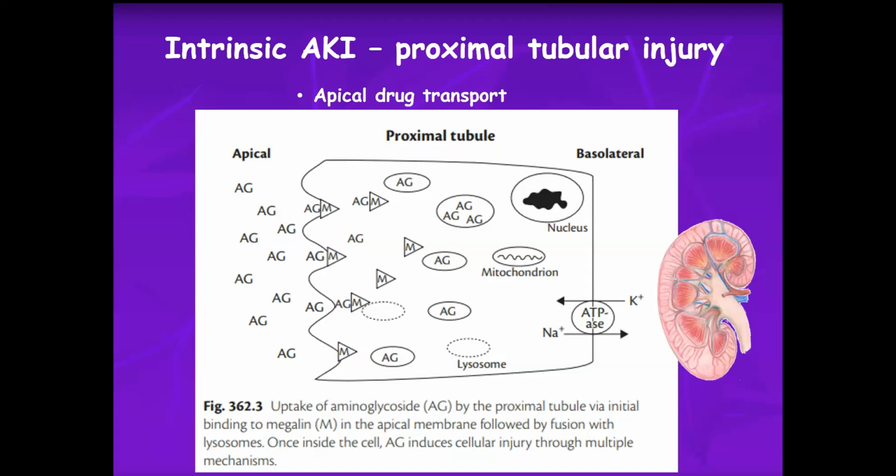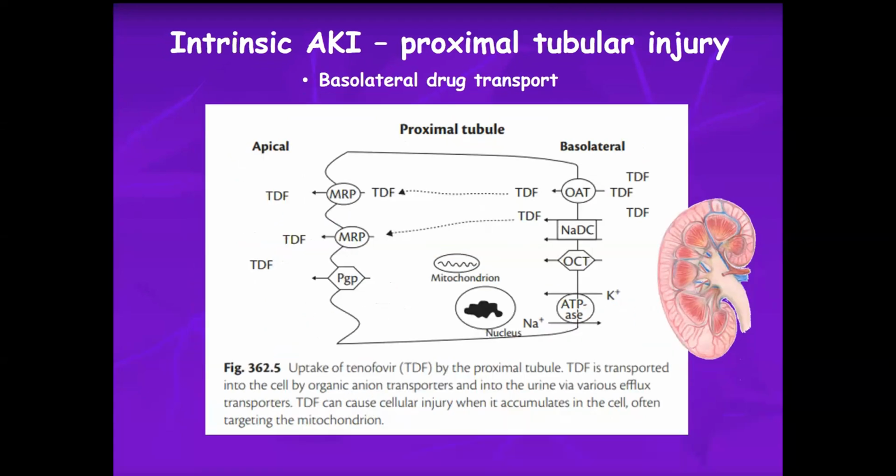And once inside, it induces cellular injury through multiple mechanisms. An example of a basolateral drug transport that actually causes proximal tubular injury is tenofovir, and by a similar kind of mechanism, TDF can cause cellular injury when it accumulates in cells, often targeting the mitochondrion.